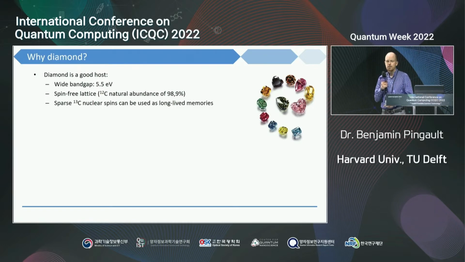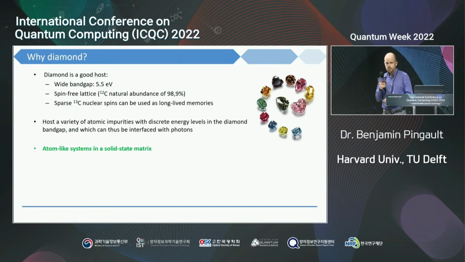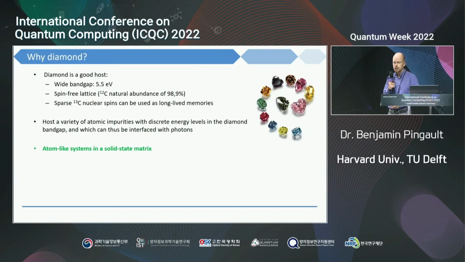And you still have enough nuclear spins from the carbon-13 to use them as long-lived memories. It is a host to a wide variety of atomic impurities with discrete energy levels lying within the band gap, so you can interface them with light. They pretty much act as single atoms trapped in a solid-state matrix, so you can get rid of all the complicated trapping mechanisms that we've seen before.